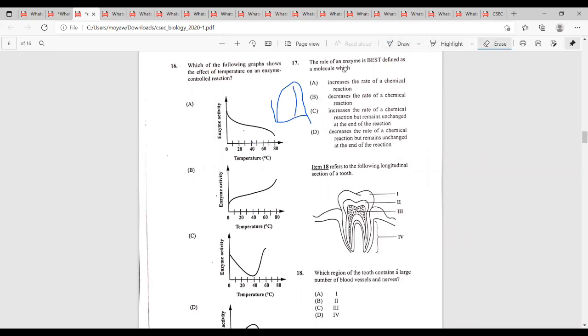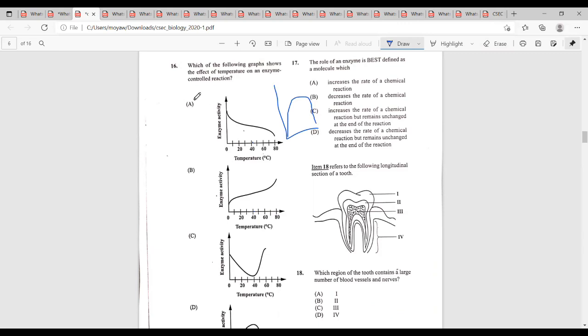Based on what we're seeing there, guys, the optimum temperature must be between 30 here and 40. And it has to be a graph looking like this. These are enzyme-controlled graphs, something like that.